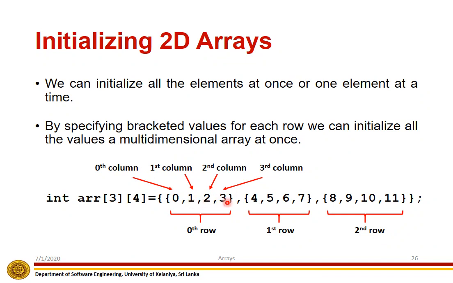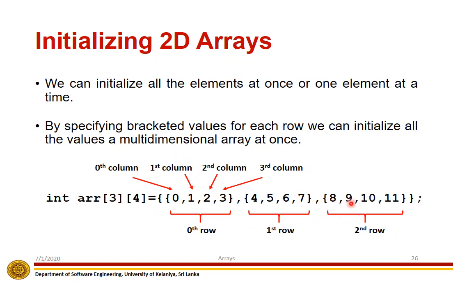third column. So the index of this value is [0][0], the index for this one is [0][1], this one is [0][2], and this one is [0][3]. Like that, for this element 8, the index is [2][0] because this is the 0th column, first column, second column, third column.